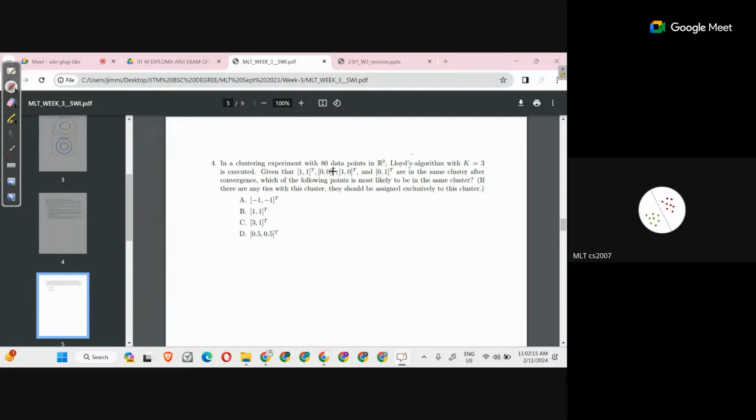See, there are 80 data points and, let's say, cluster 1 and cluster 2. There can be any number of points, for example 60 points in this one and 20 in the other. Sorry, k equal to 3, so 3 clusters. Any combination is possible.